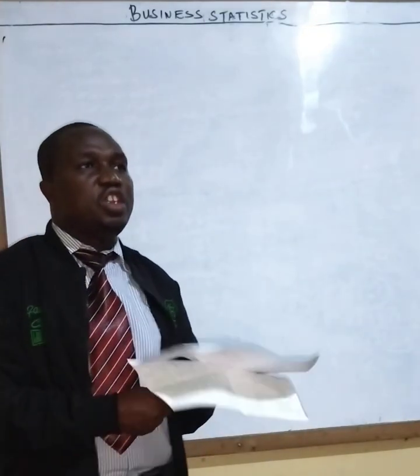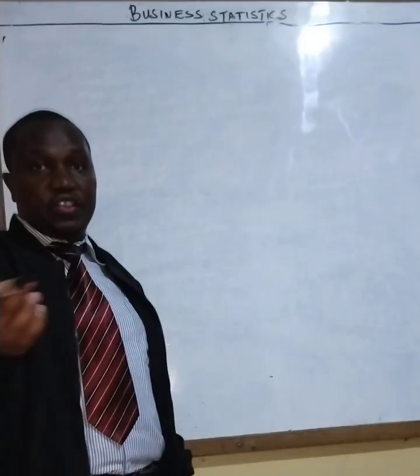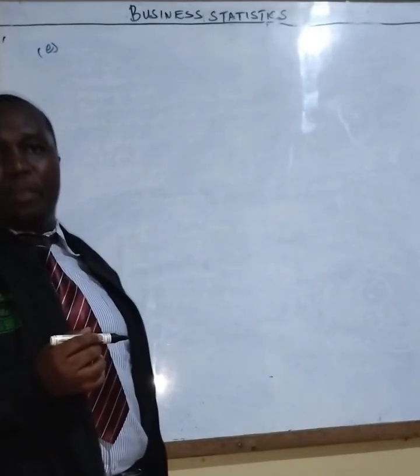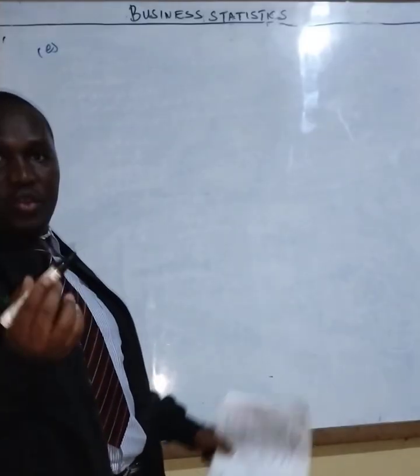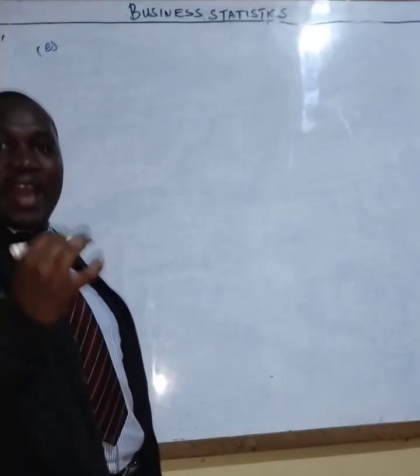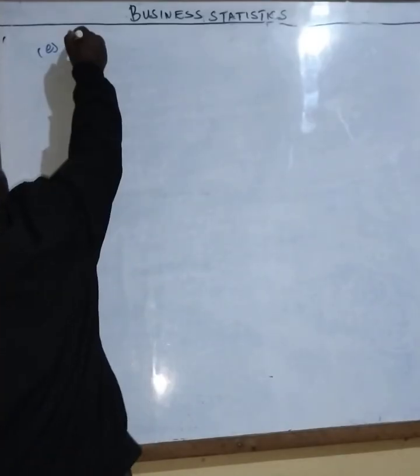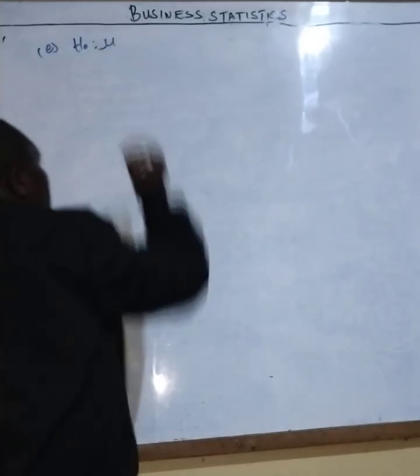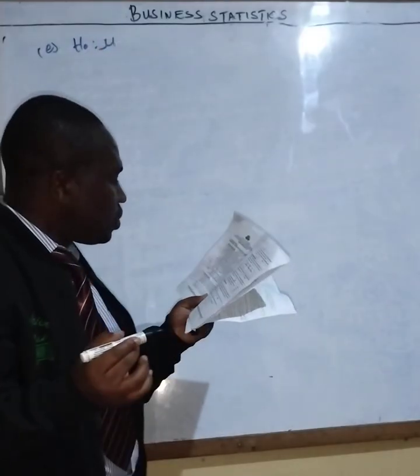So this question is purely from hypothesis, correct? So in this case, we want to work out the hypothesis. The first procedure for hypothesis is to state the null and the alternative. So let's read one by one again.